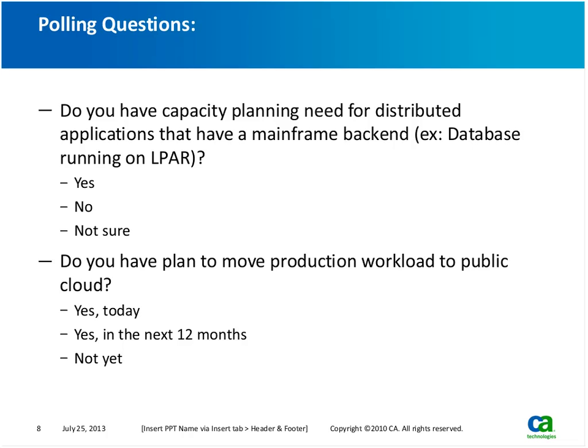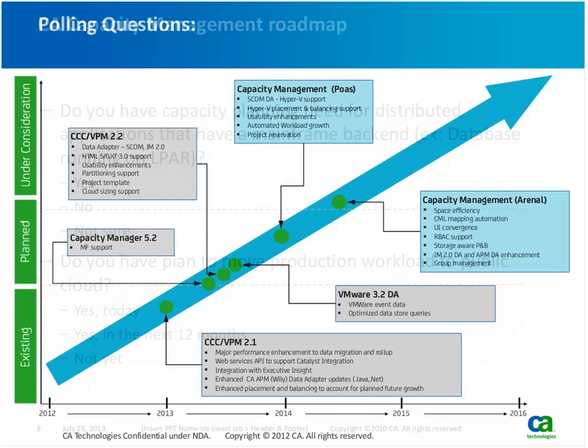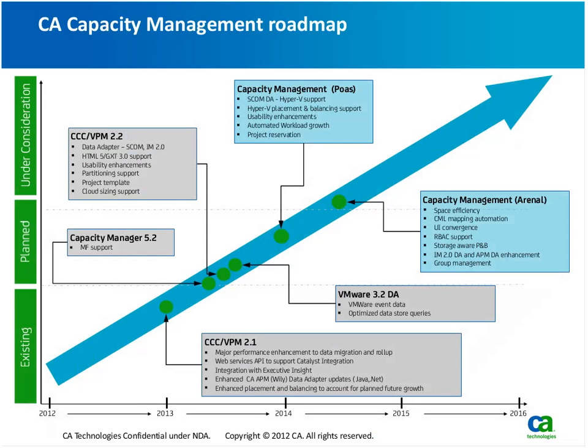Okay, so let's move on to the roadmap discussion. If folks have attended CA World, this hasn't changed too much. We presented this roadmap back at CA World, so we shuffled things around. The gray portion are the things that have already been released in the past 12 months.